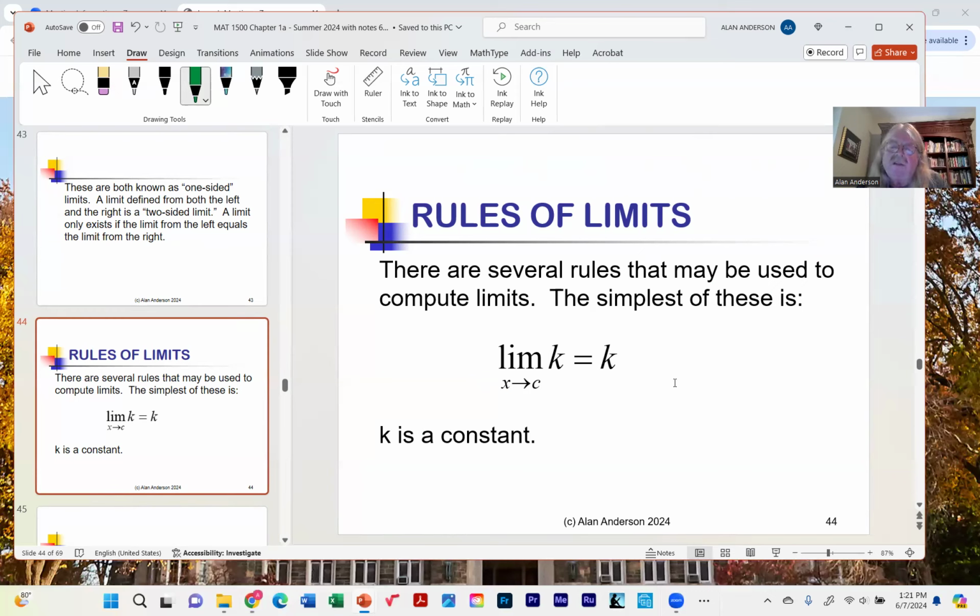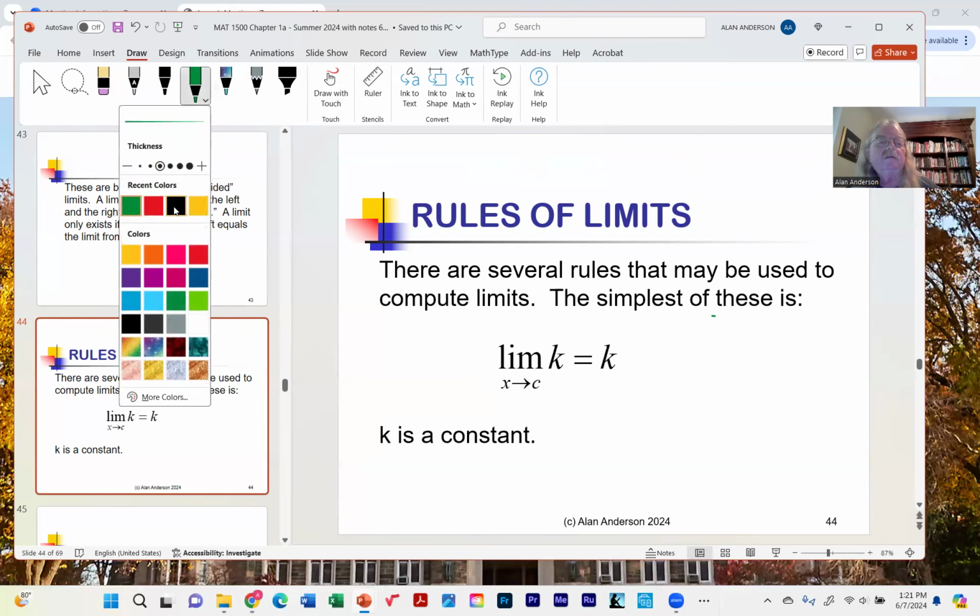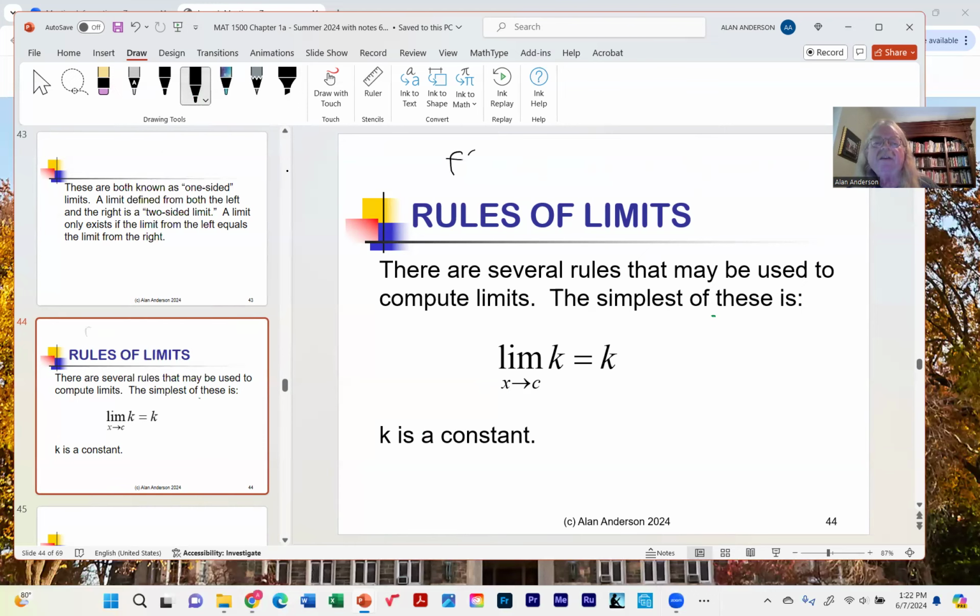First of all, the limit of a constant is simply a constant. If the function is a constant, it could be something like this. Let's say we have the function f of x equals 3. That, of course, is a horizontal line.